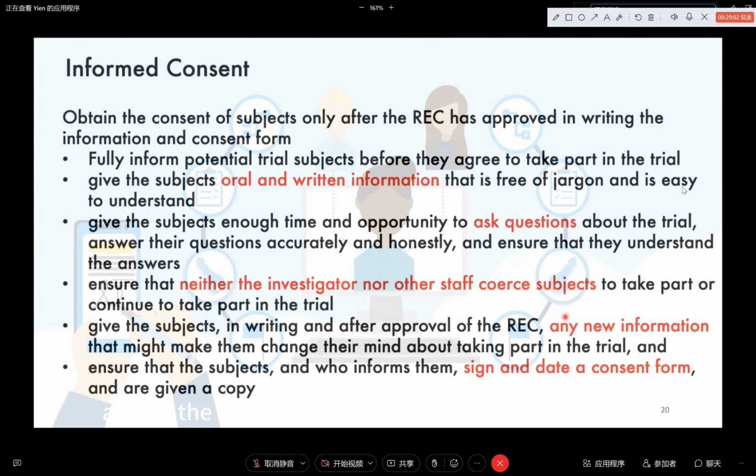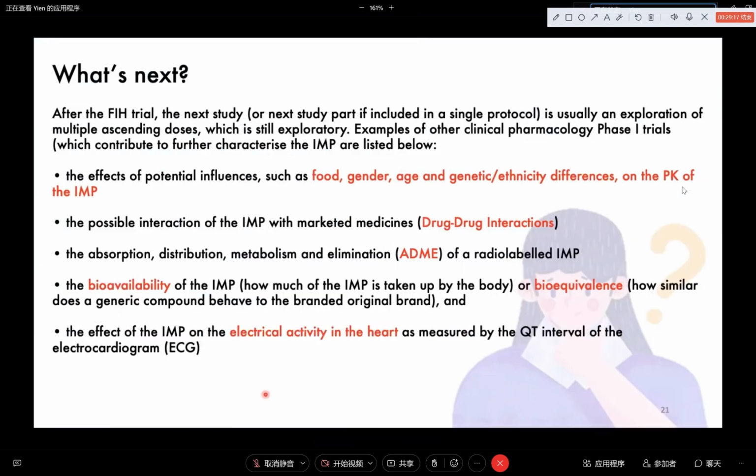All the new information that was obtained in this clinical trial must be given to these subjects. And lastly, the subjects have to sign and date the consent form and are given a copy of this consent form. So after the first human clinical trial, what is next?